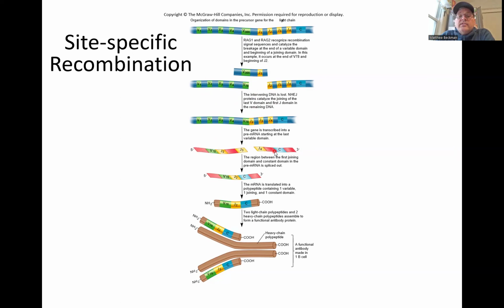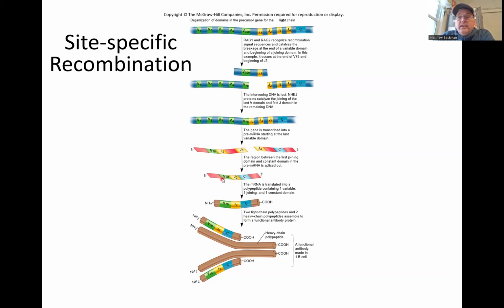And then that gets expressed and we get some splicing, and ultimately we get a protein that ends up in the antibody with, in this case, the variable region 78, the joining region 2, and the constant region. So that's one of the many possibilities that you could get out of just joining one variable with one joining region here. And that's called site-specific recombination.